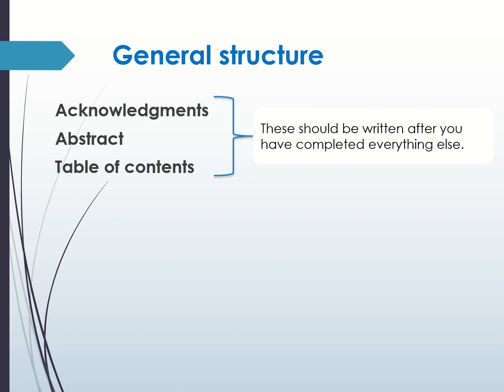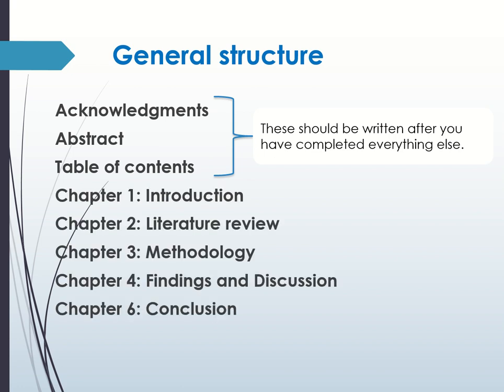Then we have the chapters. The key chapters of your dissertation are introduction, literature review, methodology, findings and discussion, and conclusion. You could have findings and discussion in two separate chapters, one for findings and another one for discussion.